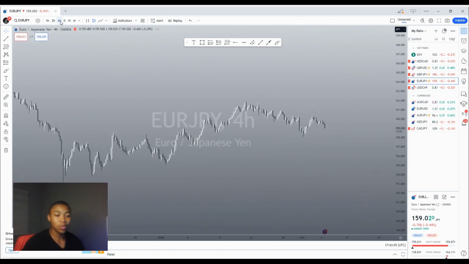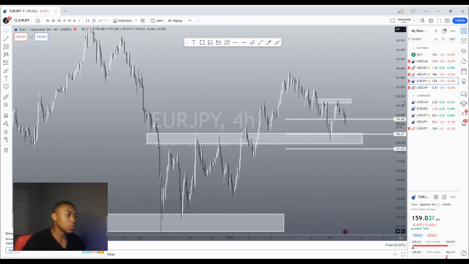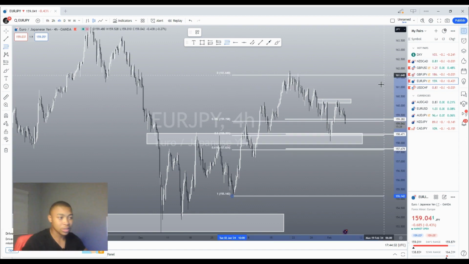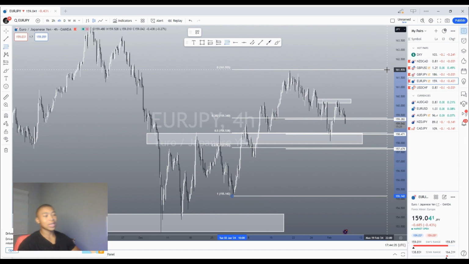So as you can see, from here what I did was I took the Fibonacci retracement level, took it from the bottom of the previous leg all the way up into the highs, and as you can see, those three levels align, and one of those three levels aligns with previous structure.